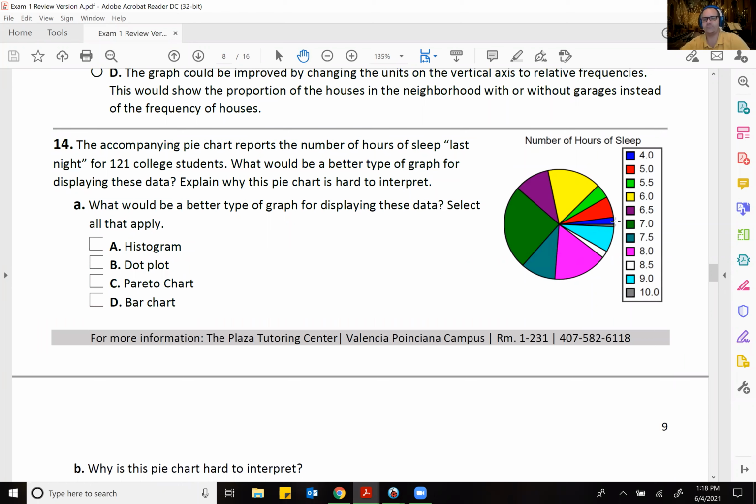If you don't look carefully, you might almost miss this tiny little sliver of gray right here for someone that slept 10 hours. Not the greatest chart, because a pie chart should be used for categorical, not numerical. So I do like that we said a histogram because that is for numerical data, and that we said a dot plot because again, that is for numerical data.